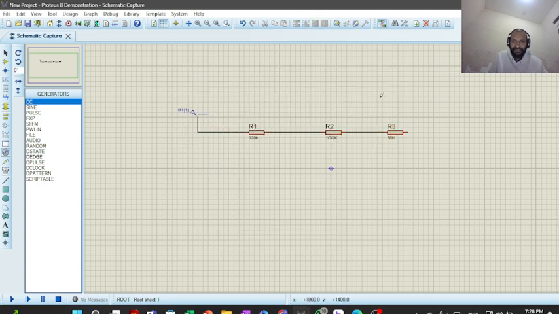So when the power is dissipated through these, the voltage will be shared among these three resistors. In order for this to become a complete circuit, we will need a ground to complete it.